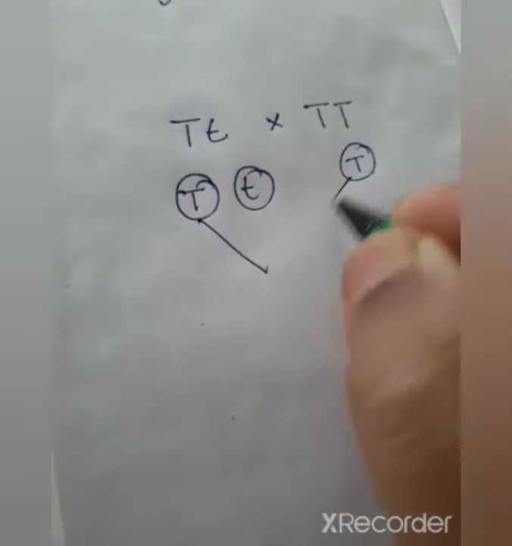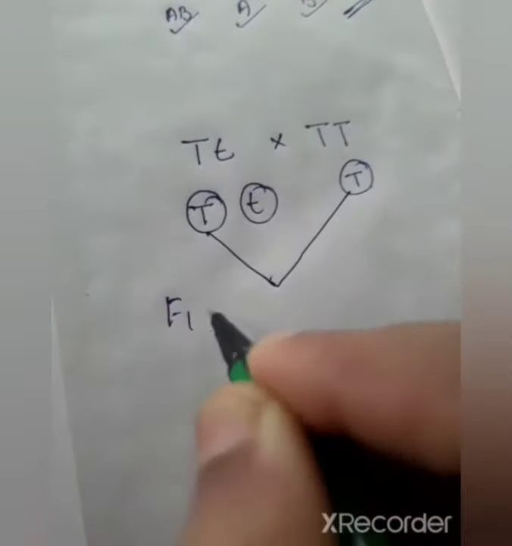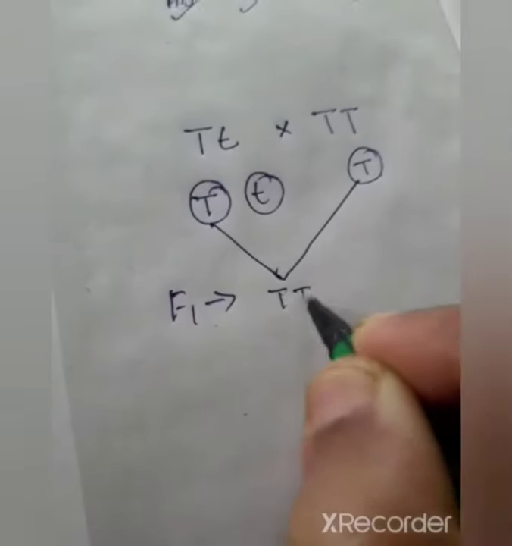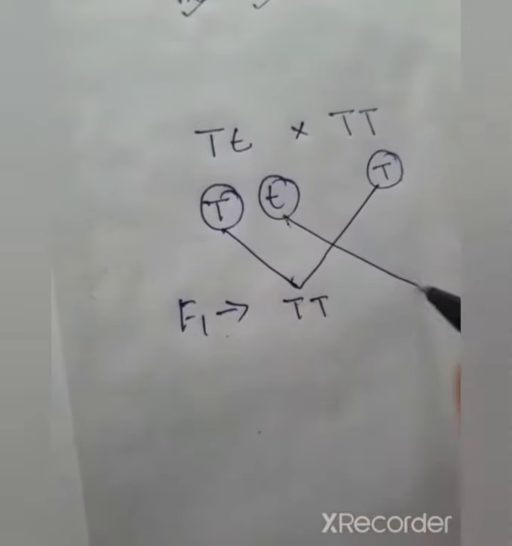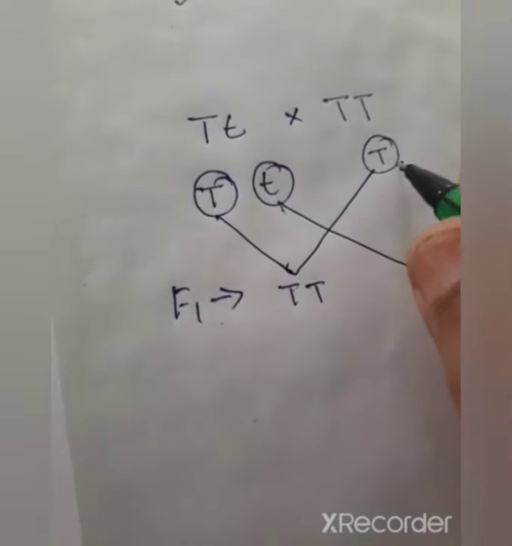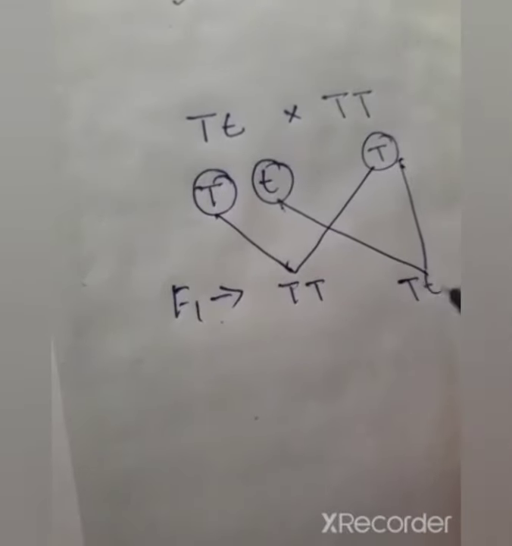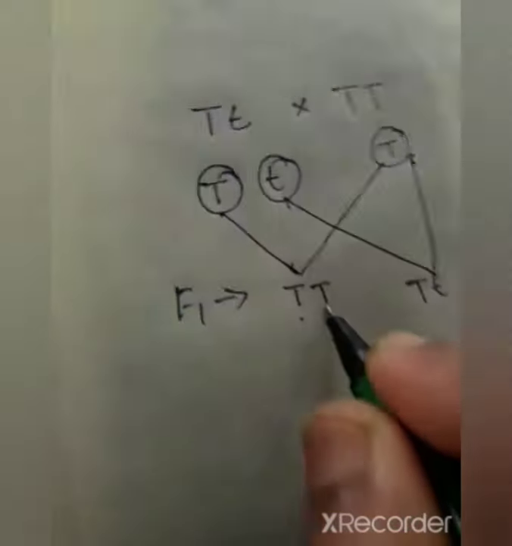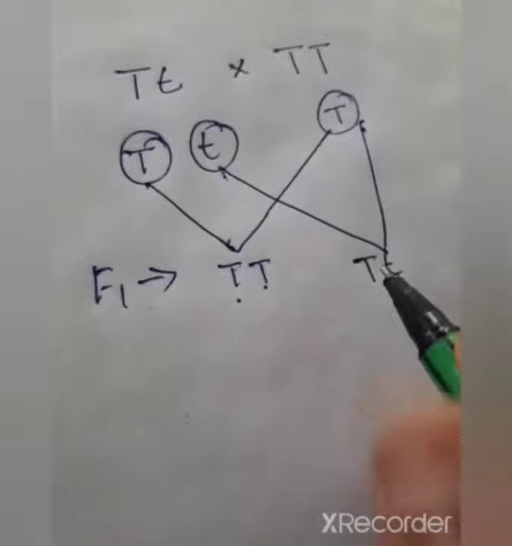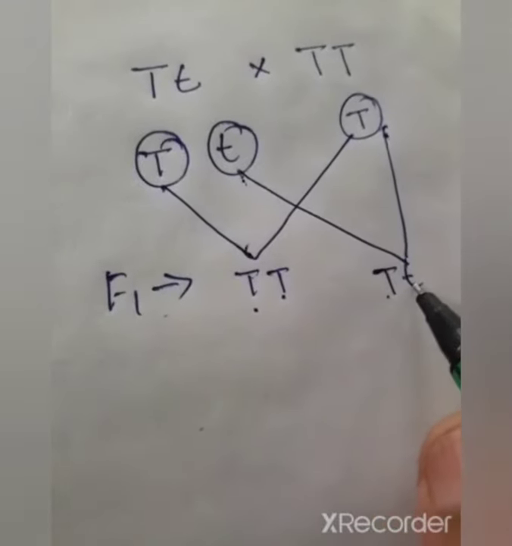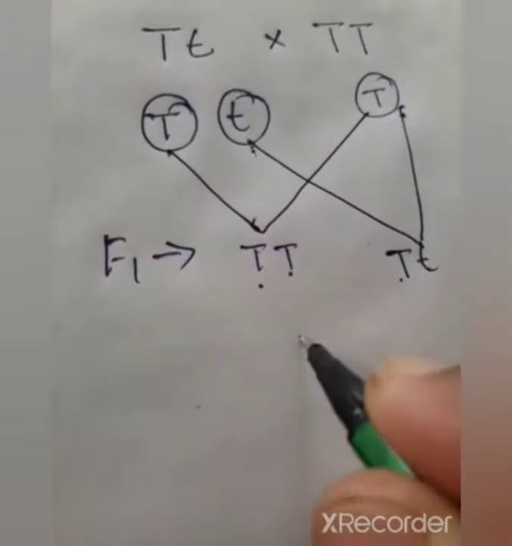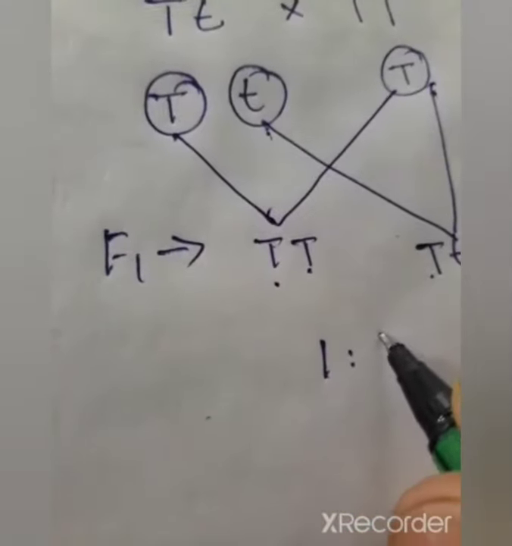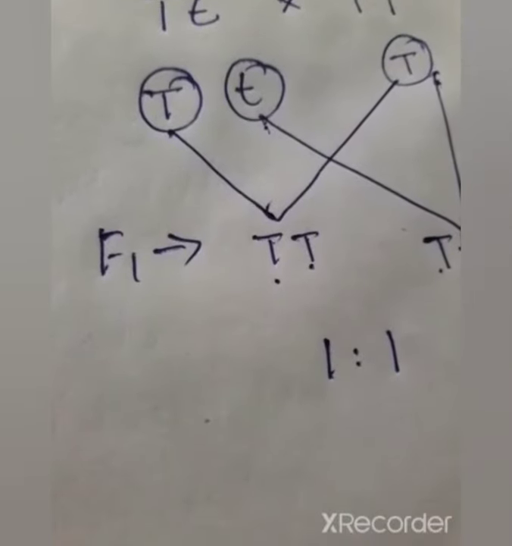Then F1 generation: capital T capital T, this is the homozygous dominant tall plant, then capital T and small t, this is the heterozygous tall plant. In the F1 generation, 1:1 is the ratio.